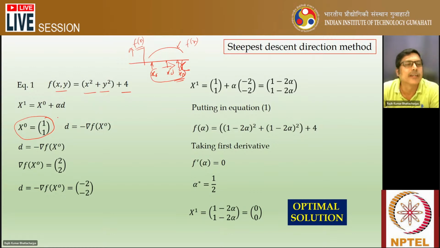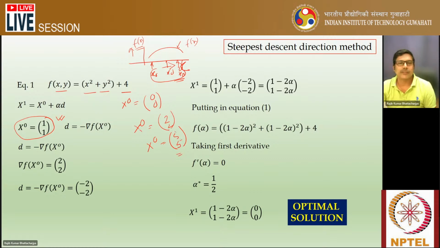In this case I have defined x0 as 1, 1. You can also try x0 as 0, 0, or maybe 2, 2, or you may start with an x0 value of 5, 5. Depending upon the range of x and y, you can start.